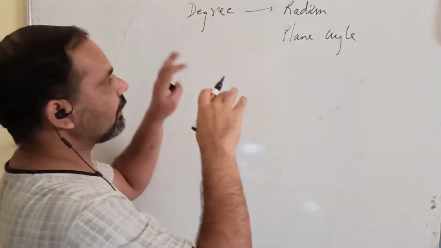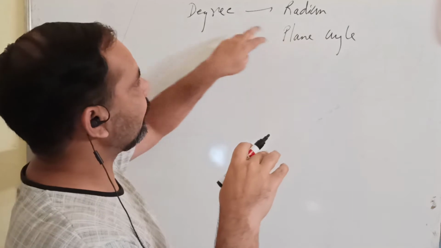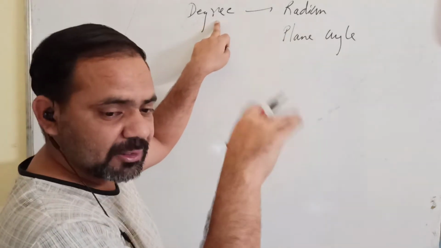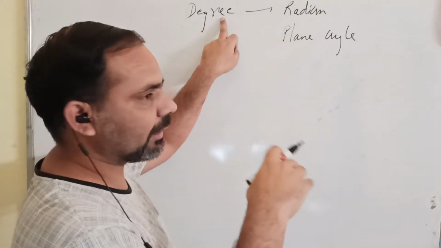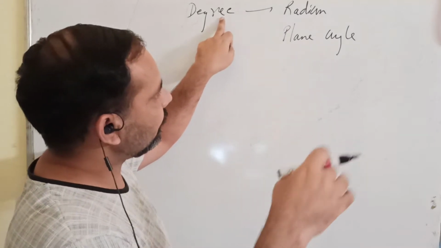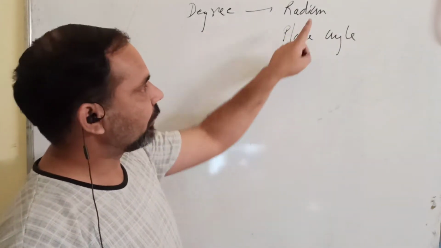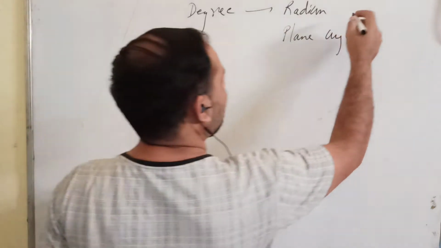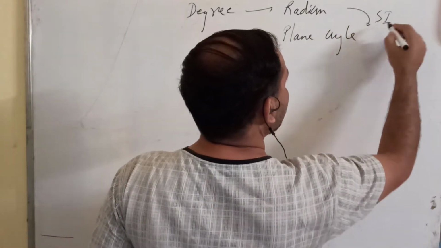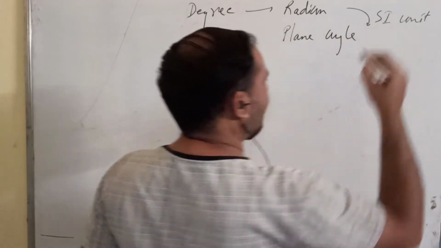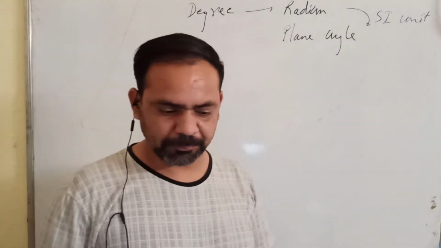Unit means we measure a plane angle in terms of degrees. We were measuring the plane angle in terms of degrees till now. From here onwards we will measure a plane angle in terms of radian. So radian is the SI unit of plane angle.